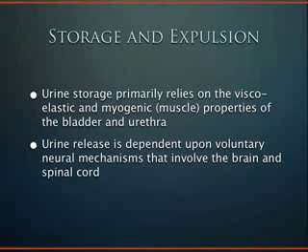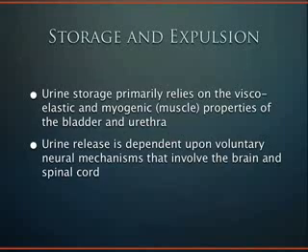The storage component really relies upon the elastic and the muscular properties of both the bladder and the urethra, whereas the release component is really dependent on the voluntary neural mechanisms that you control with your brain and your spinal cord.